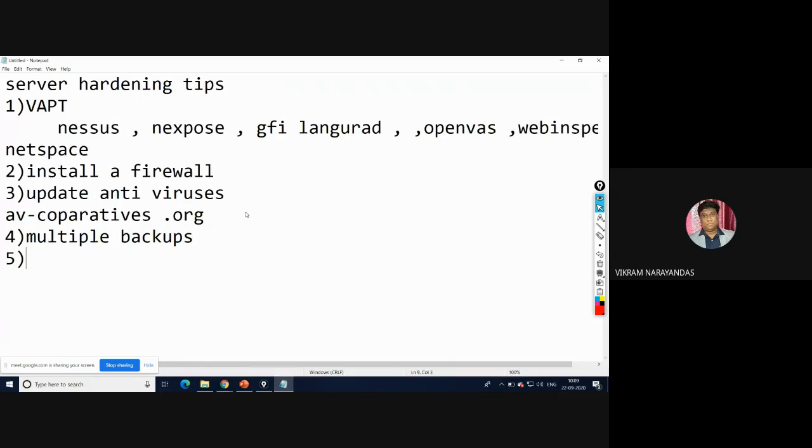Next, offline backups. You need to maintain an external hard disk, not only on your PC or computer. Why?